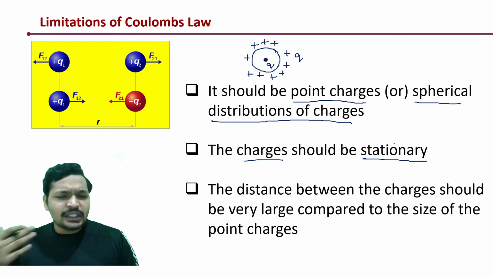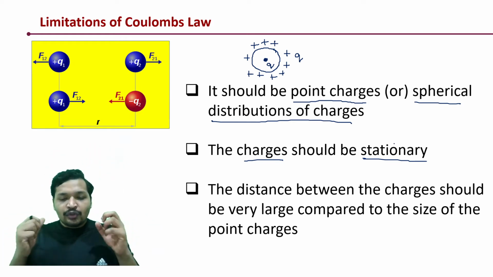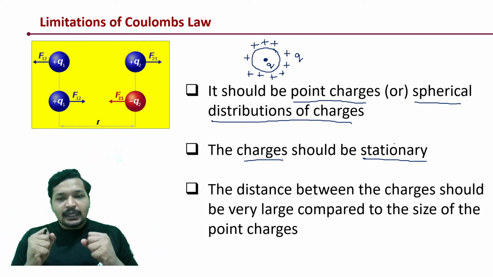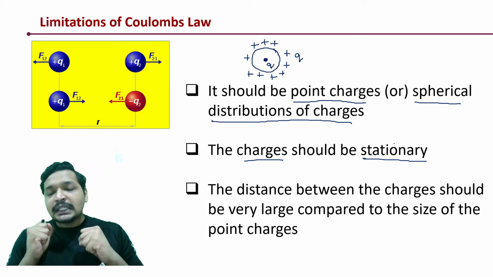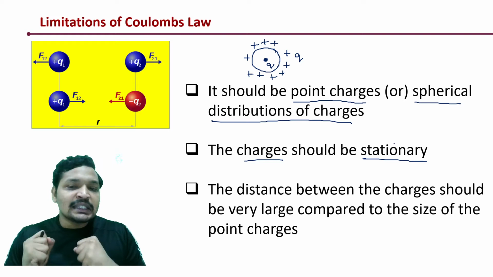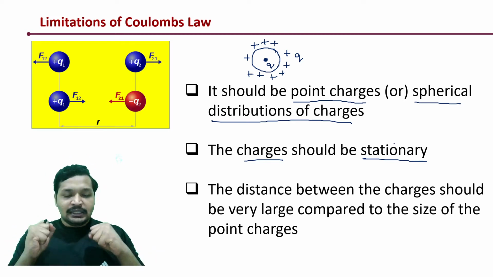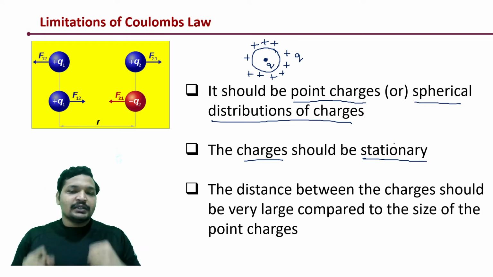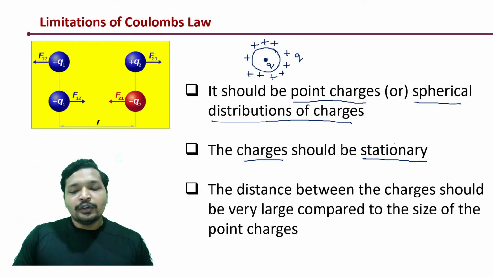So if you have two charged spheres, the size should be significantly smaller than the distance between them, or else you keep them at such a large distance that the size appears very small. So these are the three major limitations of Coulomb's law.